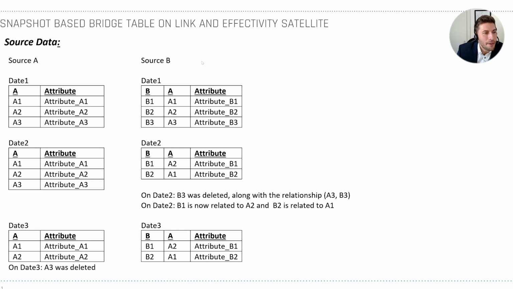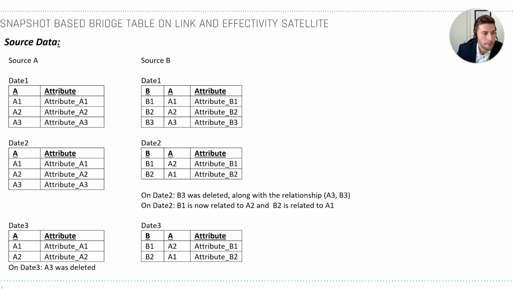And so here we have two sources, so that means two tables of data. On the left-hand side we have source A, so it's a business object A, I would say. On the right-hand side, we have source B. And we have three different days. Source A in this example is not that interesting because it just describes the business object A. You can see A, I assume this is the business key, right?